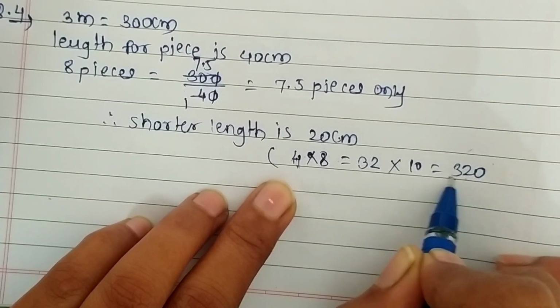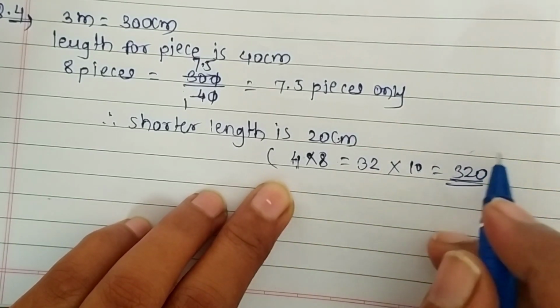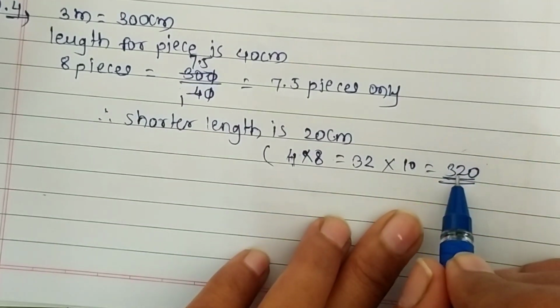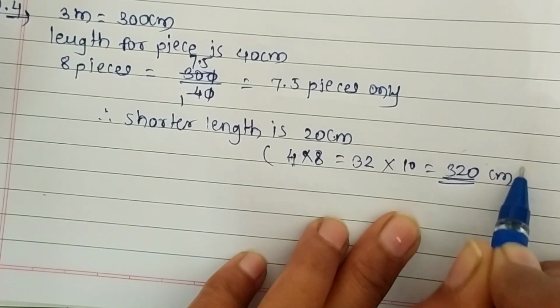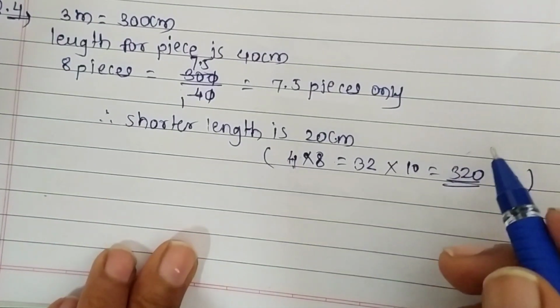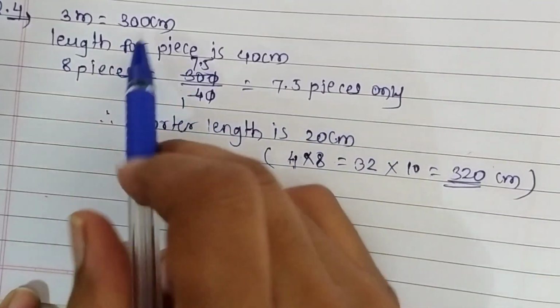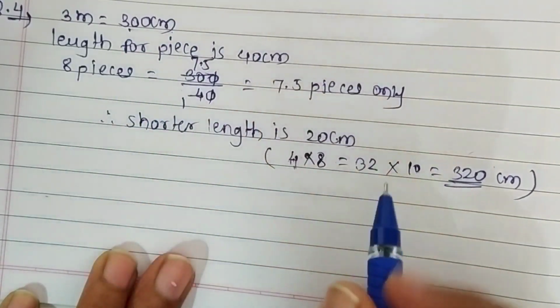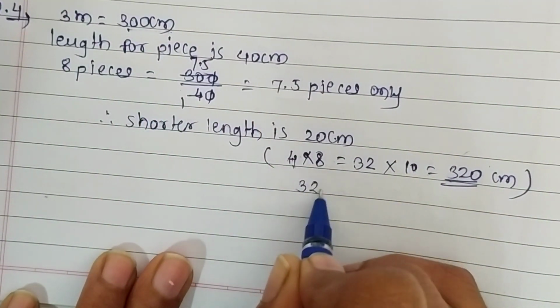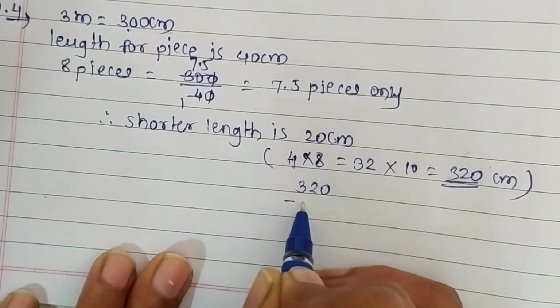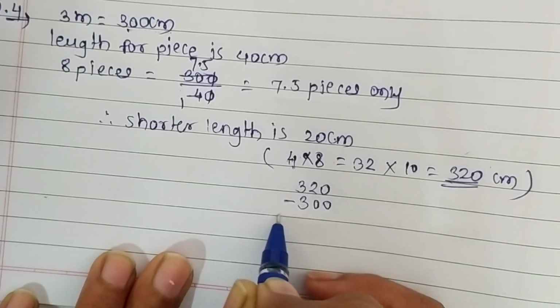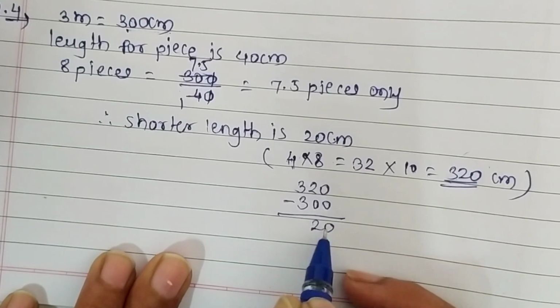The needed ribbon is now 320 centimeter, and here we have only 300 centimeter ribbon. So when we subtract 300 from 320, we find our answer here, that is 20.